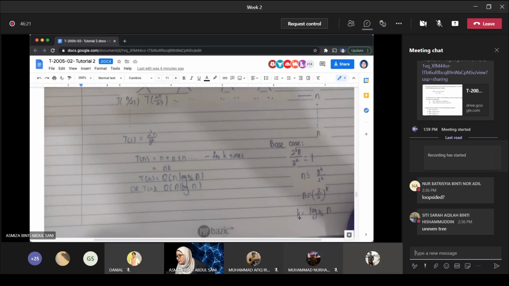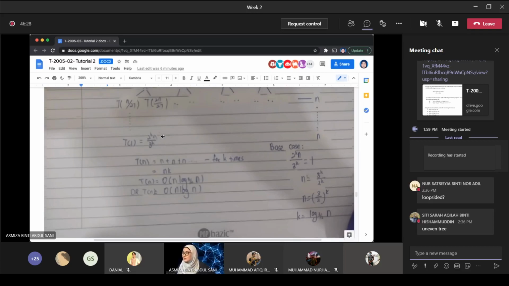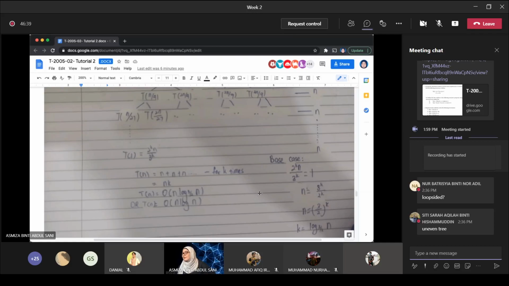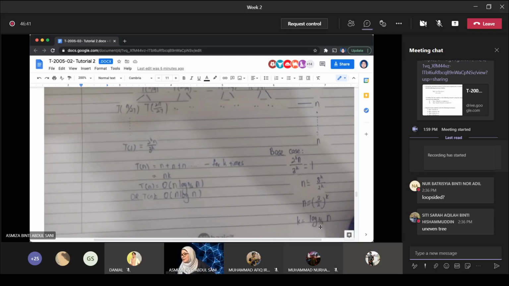Okay, therefore your k is log n base 3 over 2. I think this one is correct because I see the 2 and 3, both to the power of k. So you get k as log n base 3 over 2.